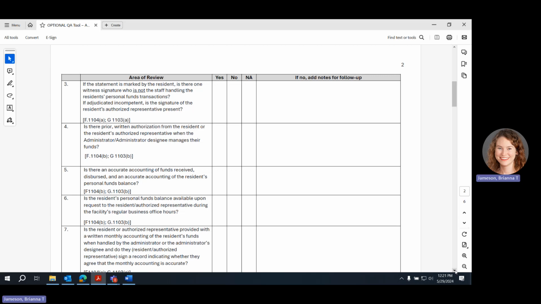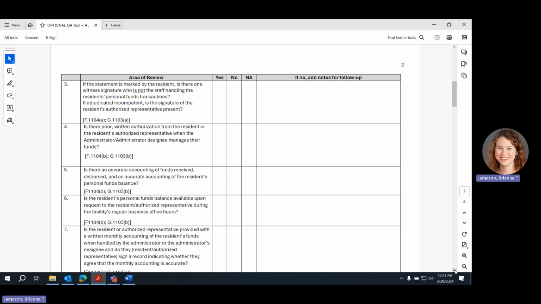The fifth area of review, is there an accurate accounting of funds received, dispersed, and an accurate accounting of the resident's personal funds balance? There is space to check yes, no, or not applicable. If no was checked, there is space on the right-hand side of the page to add notes for follow-up.